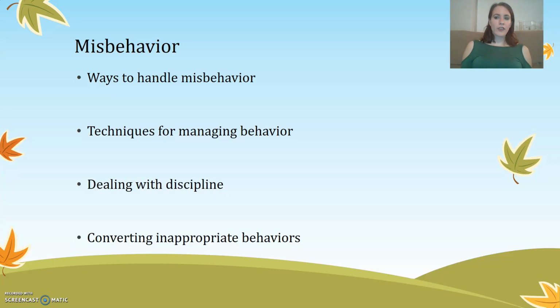And again, the nonverbal cues or the proximity are also ways that can help manage behavior. As for discipline, I plan on dealing with the smaller, minor behavioral issues in the classroom, and then the larger things will go to the office. I don't want to constantly be sending students to the office and having that be the plan.